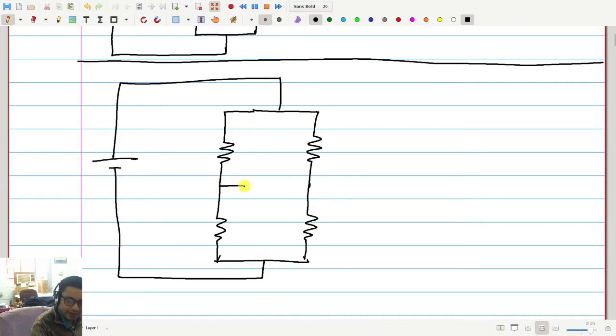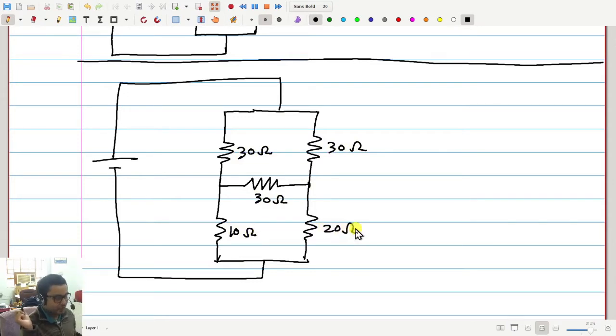Let there be one extra resistance here, and let me choose these values as 30 ohm, 30 ohm, and 30 ohm, 10 ohm, and 20 ohm. And let this voltage be 110 volt.